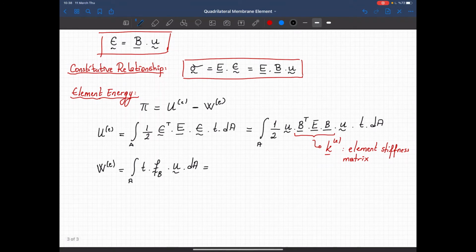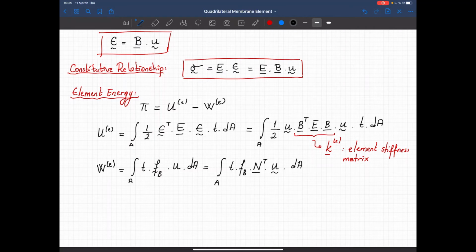From that, if you plug it into that equation, I have the area, T times F body multiplied by N transpose, and I have the nodal displacements this time. And you have to integrate over the area again.